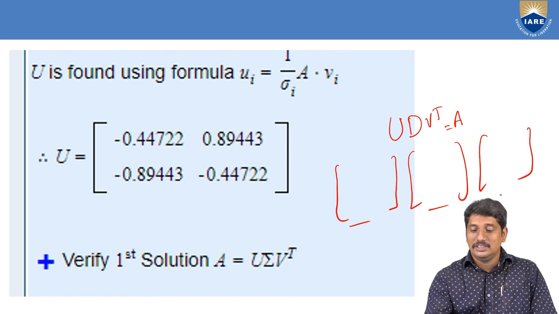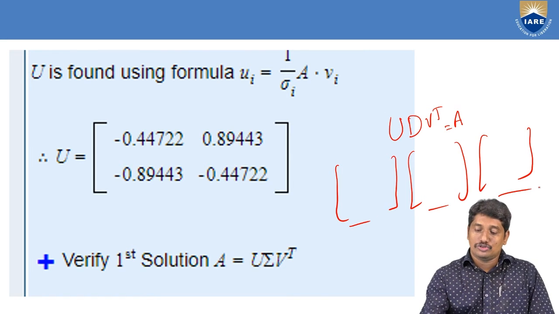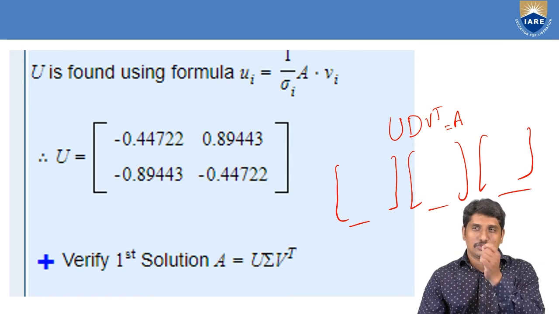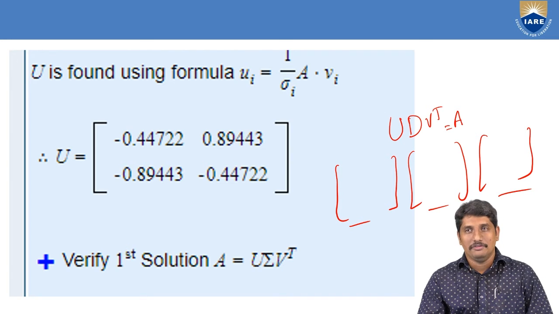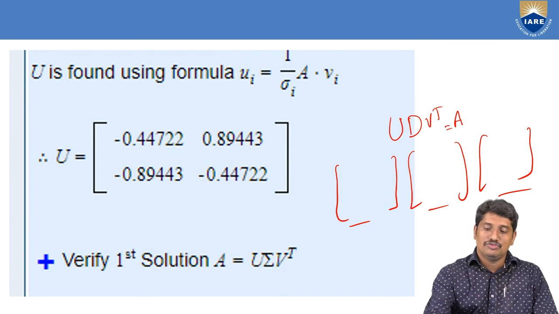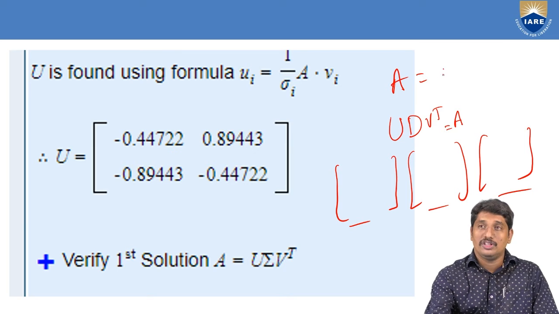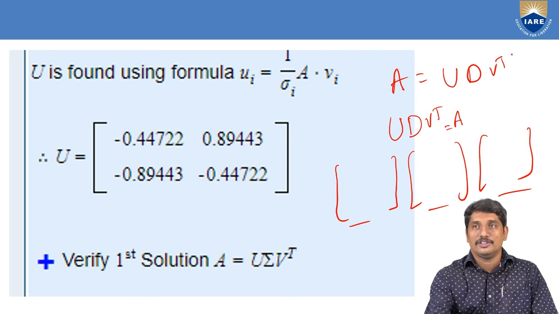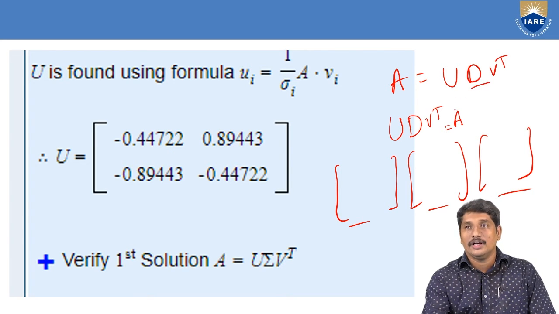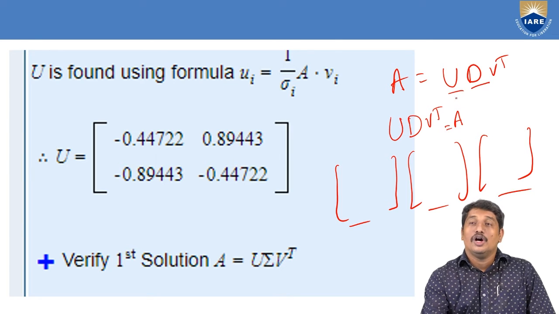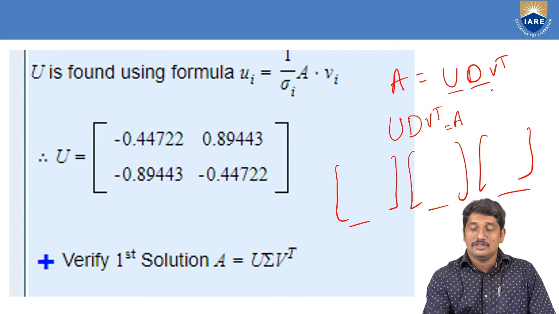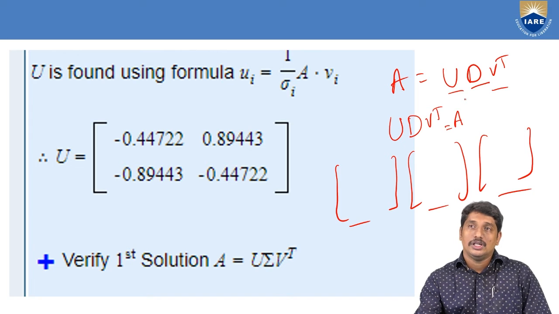And if you multiply these three things, you get almost the matrix A, with just small rounding. That means we have successfully decomposed A into the product of three matrices U into D into V transpose, where D is a diagonal matrix and U is an orthonormal matrix and V is also an orthonormal matrix. And this is called singular value decomposition of a 2 by 2 matrix.